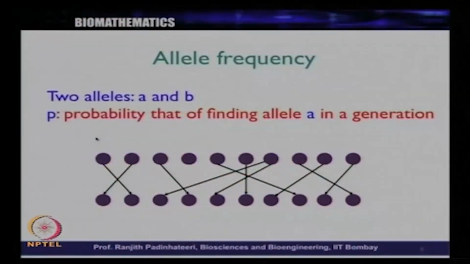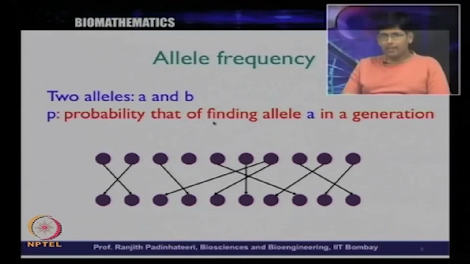Okay. Now, given these rules, let us think a bit about genes in this particular model. So, look at here. Imagine that the first generation has 2 alleles, A and B. So, allele A and allele B, and P is the probability of finding allele A in this generation.